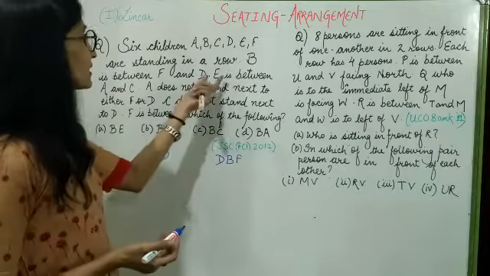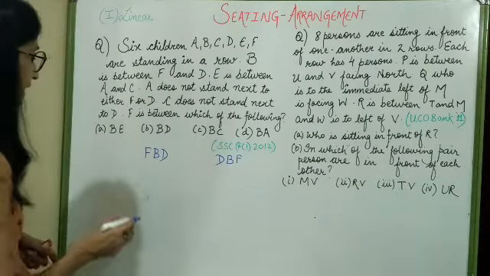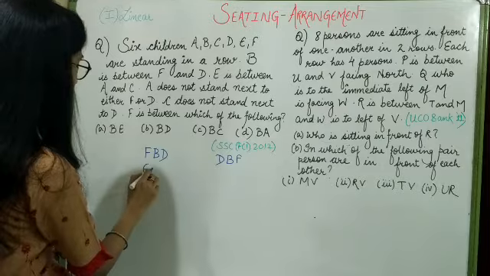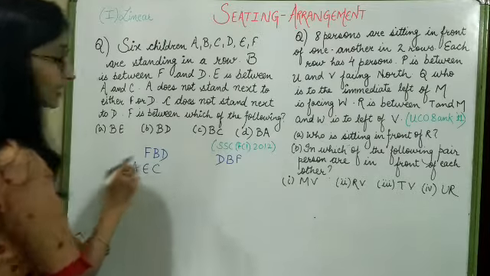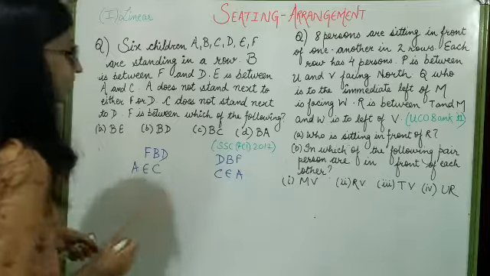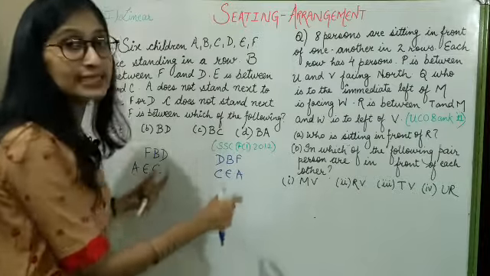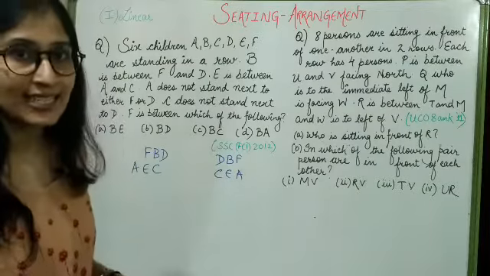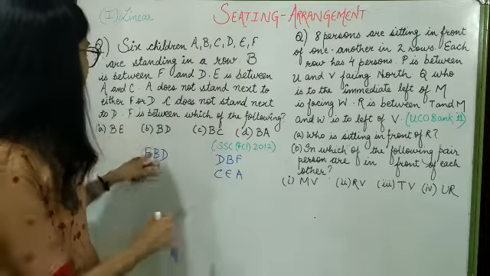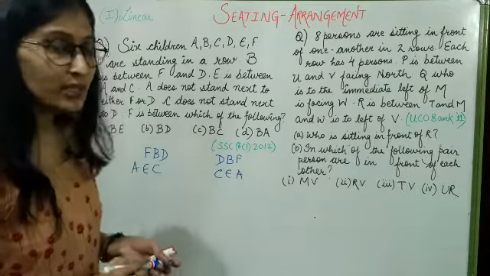Next statement is, E is between A and C. So again, E is between A and C. Similarly, I can write it as CEA also. In both the cases, E is between A and C. Now, using these, how many sitting arrangements are possible?